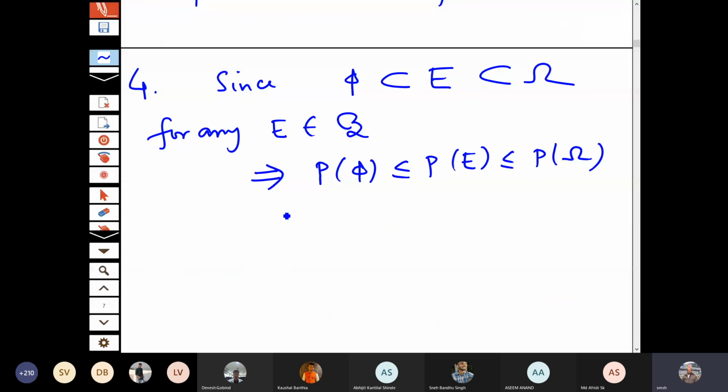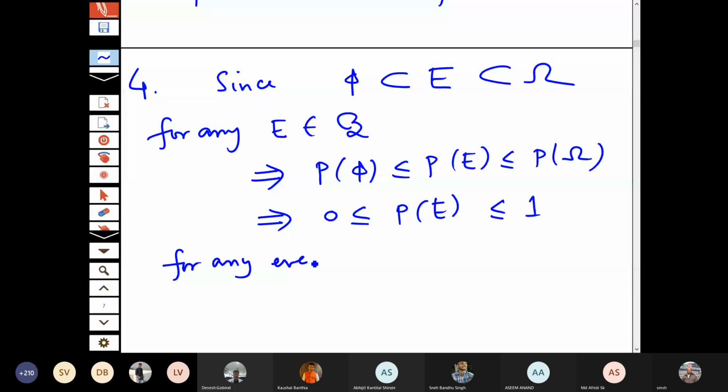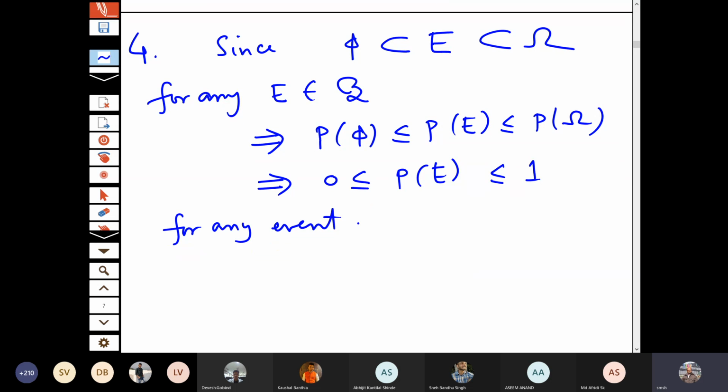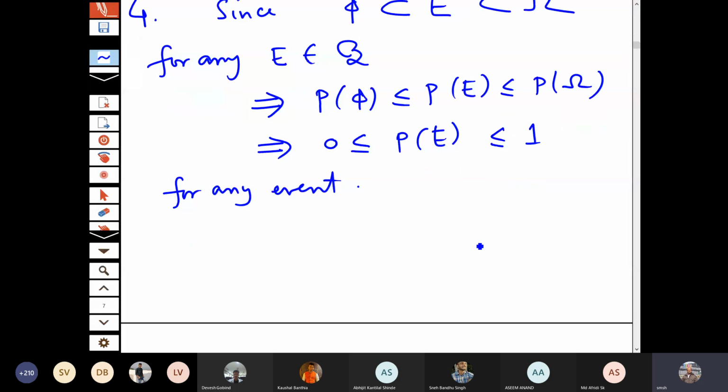That means 0 less than or equal to probability of E less than or equal to 1 for any event. So when you are calculating probabilities in a problem, you should not get probability outside the interval 0 to 1. Many times I have seen in the exam students get a negative probability, or sometimes they get a probability something like 5 by 2 or 11 or something like that. So you know that probability should always be between 0 and 1.